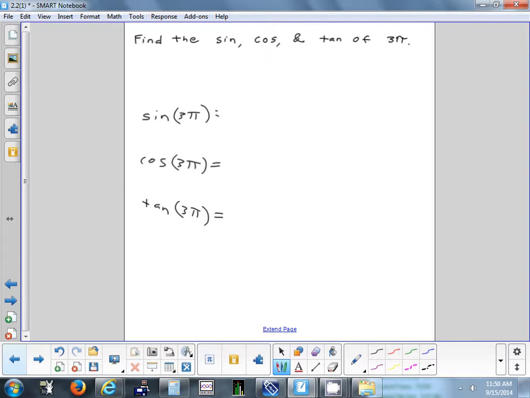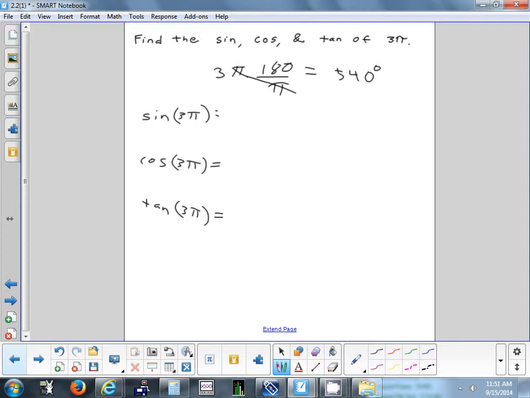Okay, Sam, how do I change 3 pi to degrees? 180 over pi. Multiply by 180, divide by pi. 3 times 180 gives me 540 in degrees. Now 540 is okay, but that's kind of a big angle.